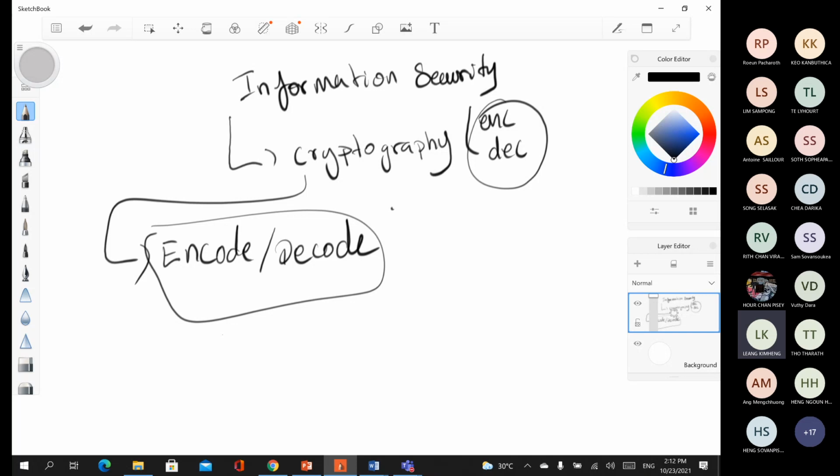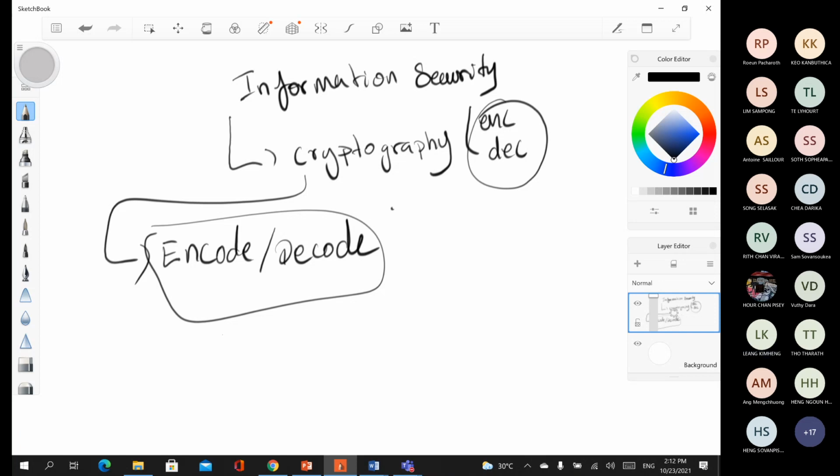I think encode is like we have a value and a key, and then we have a formula that encodes it with the key, and then we generate a value that we don't understand. And to get the value back, we use the key to decode it into the information or value that we understand.